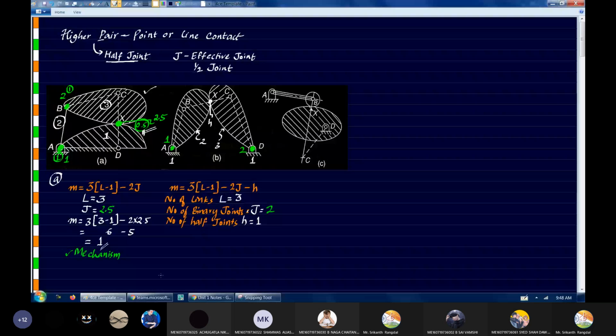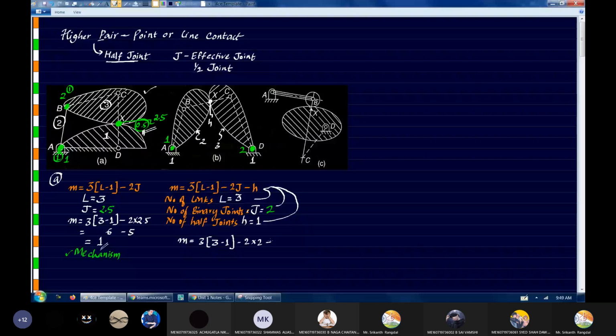So now if you substitute all three values in this equation, what do we get? We get the value of mobility as 3 times (L minus 1), minus 2 times J, where J is 2, and minus H, which is just 1.